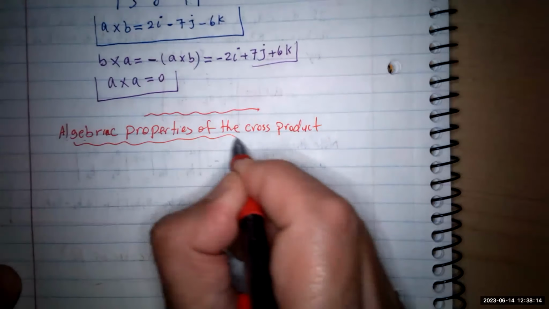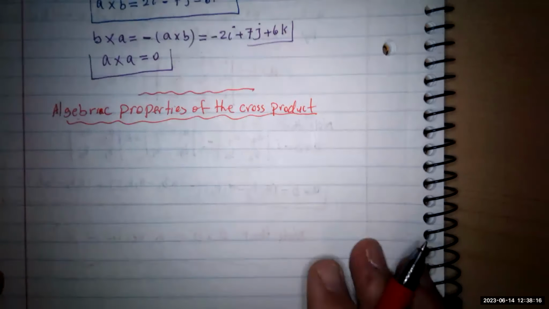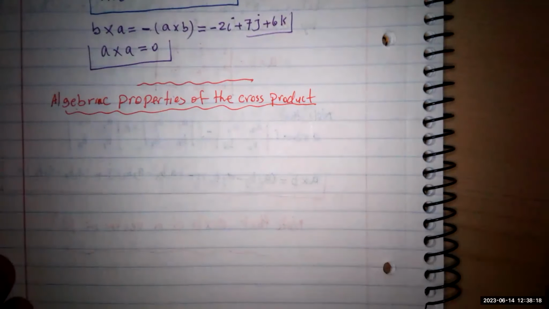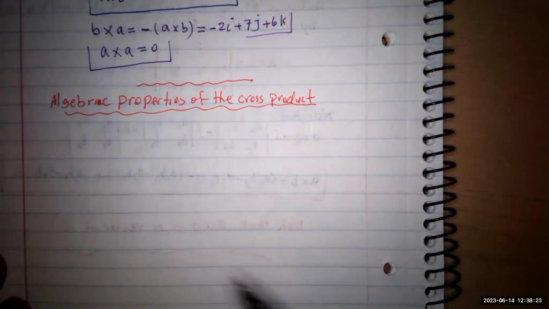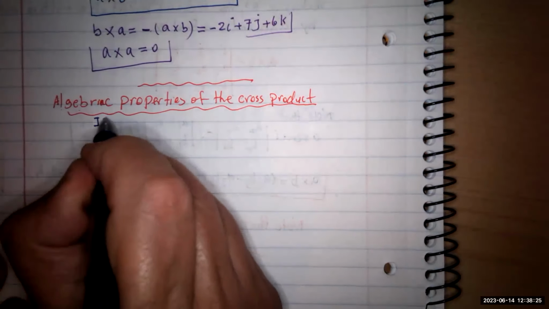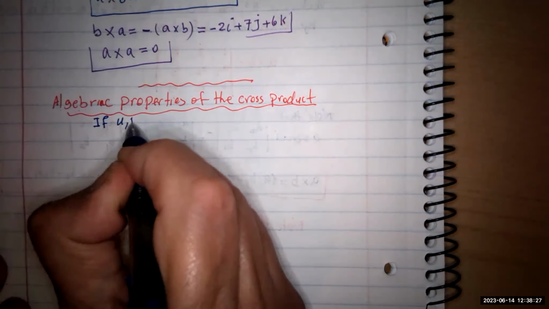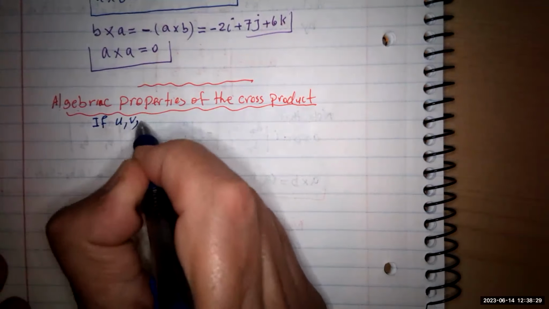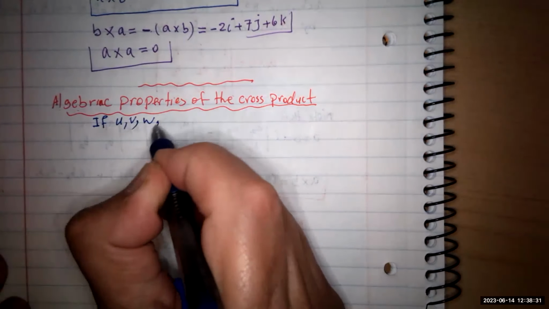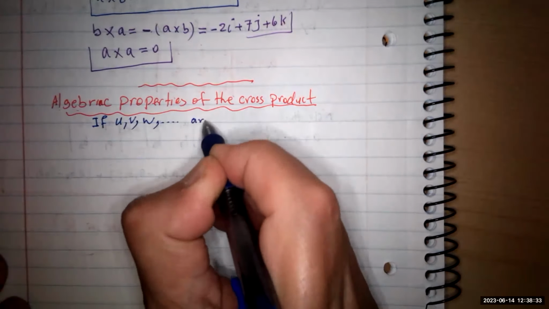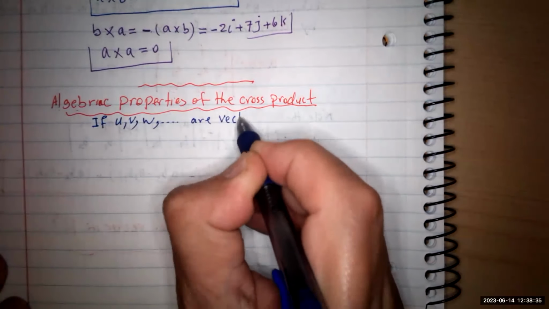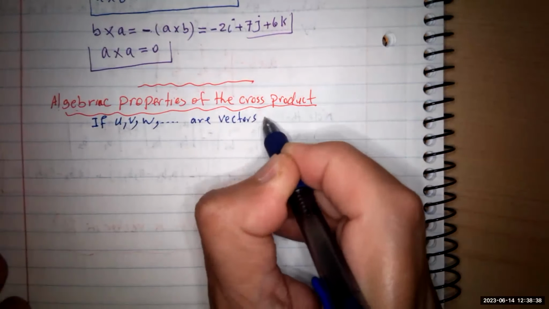Most of them are obvious, but we make a note. So if I use something like U, V, W, I mean vectors in R3.